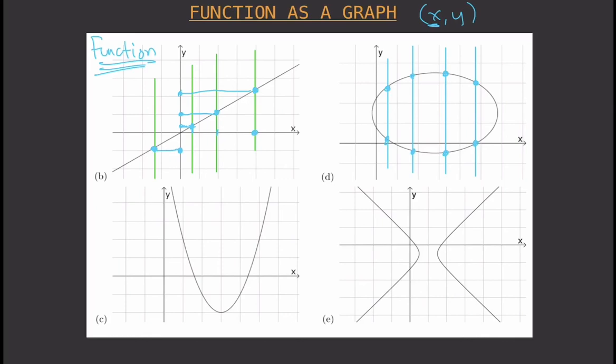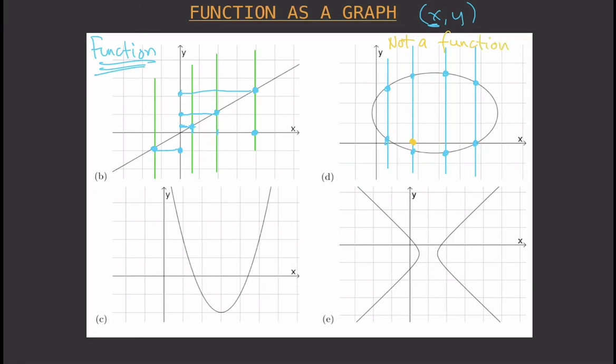So, for example, if this is your x, you have actually two values for y, which is this value for y right here, and also this value for y right here. So, dalawa ang y mo, dalawang partner ng x, which is not allowed sa function. Hindi siya pwede tawaging function. So, this is not a function. Okay? So, this is not a function simply by using the vertical line test.